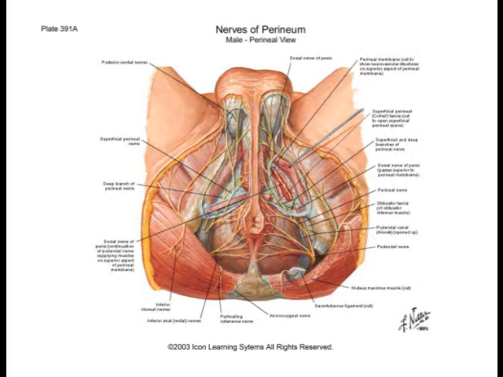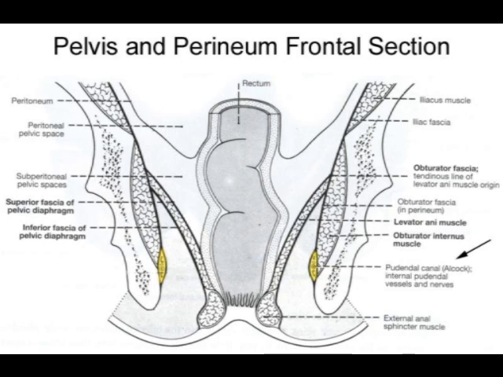It's actually the deep perineal branches. Deep meaning supplies muscles. Okay, the nice part about this picture, indicated with the yellow, is it shows exactly how deep your pudendal Alcock's canal is.